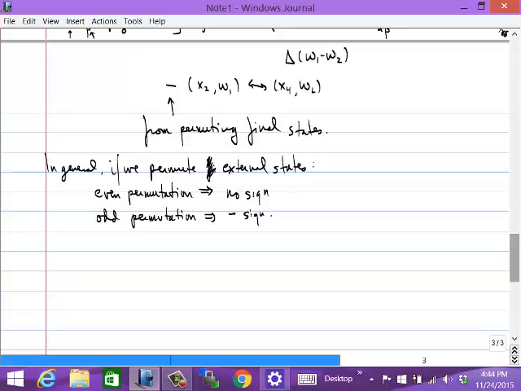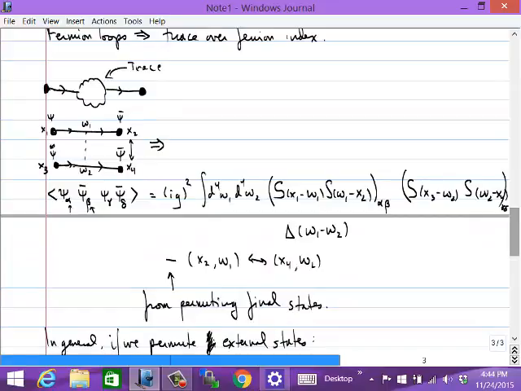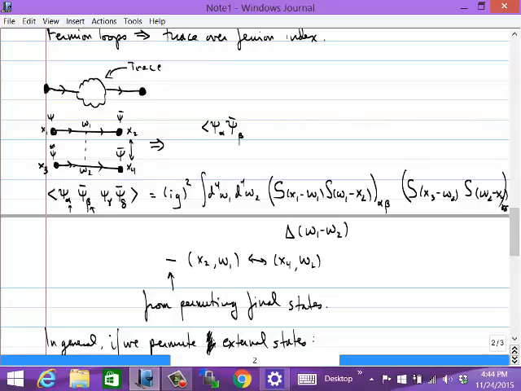If you wanted to be super careful about it, well, if you wanted to compute psi alpha, psi bar beta, psi gamma, psi bar delta, you would write down d by d eta alpha, d by d eta bar beta, d by d eta gamma, and d by d eta bar delta of this partition function. And you would have to just keep very careful track of the ordering of all of these guys.